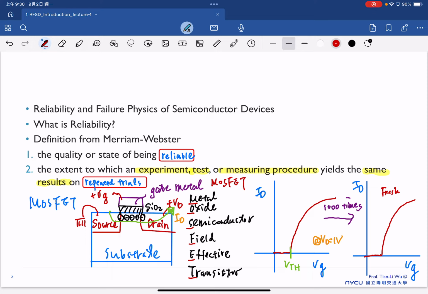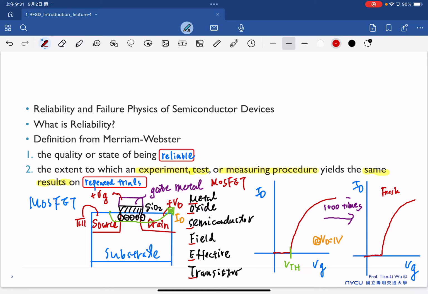When I was a student, lots of us were so afraid to see these phenomena because they were afraid to deal with this situation. But actually, you should consider that reliability is a part of normal. Instability is a part of normal in semiconductor devices.